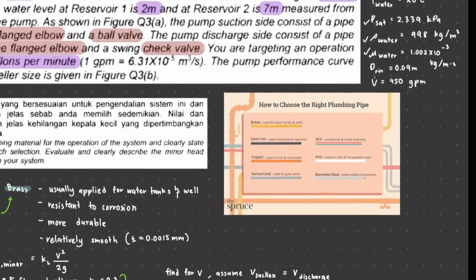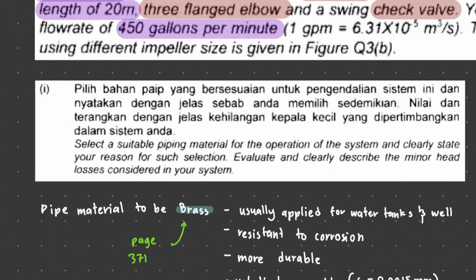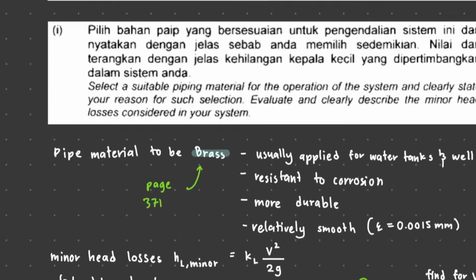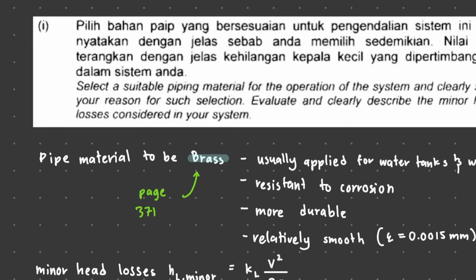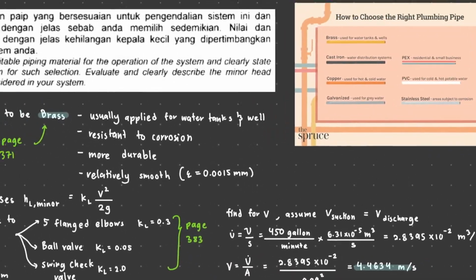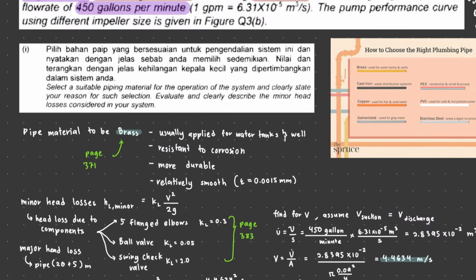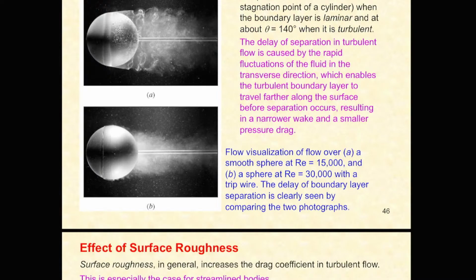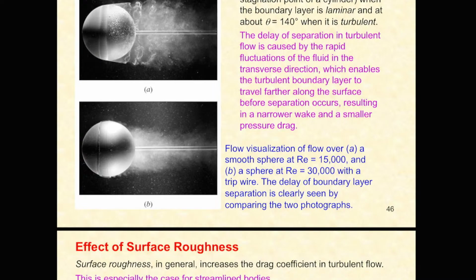Okay, so for our first question, it asks us to select a suitable piping material for the operation of the system and clearly state your reason for such selection. Evaluate and clearly describe the minor head losses considered in your system. So first thing first is to decide the pipe material. I decided to go with brass. Why brass? Because we go here, internal flow.